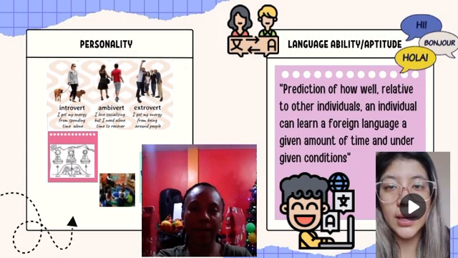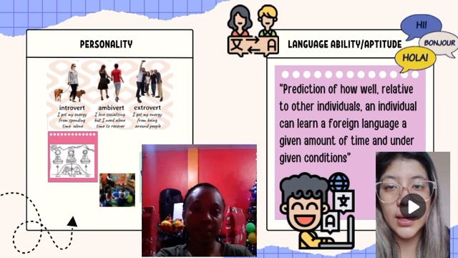Well, I am going to talk about the first factor, personality. Personality is a person's set of traits as well as the way he or she behaves, feels, or thinks.